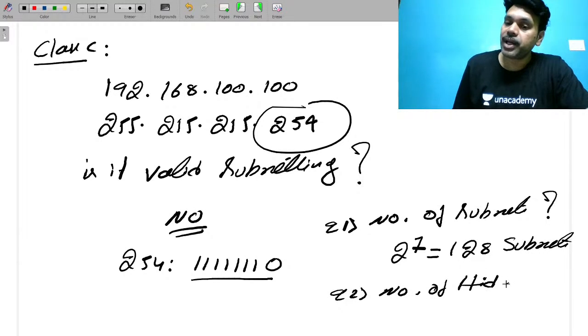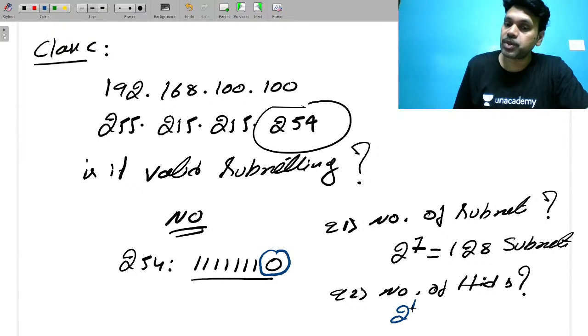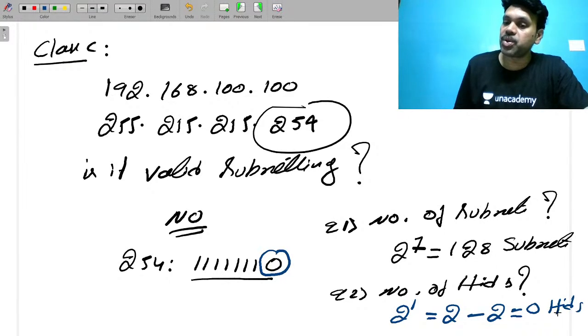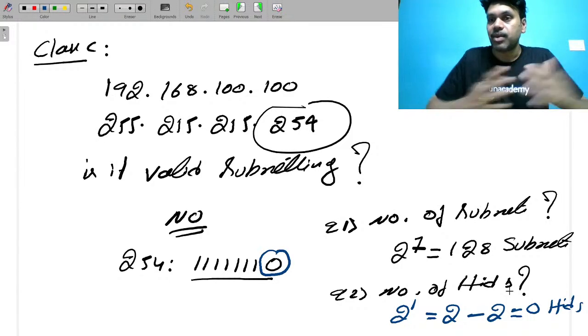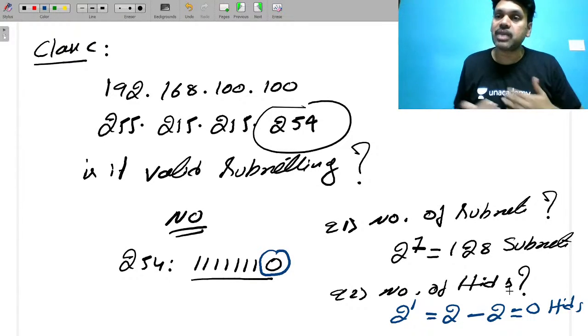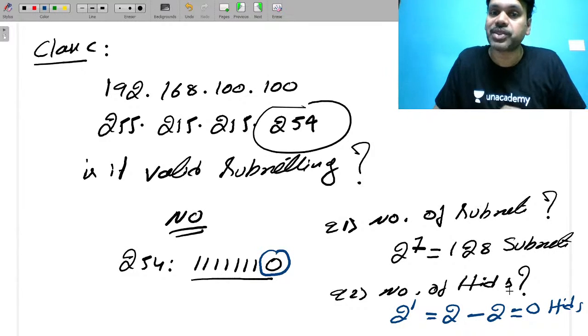Your number of HIDs is nothing but how many zeros are there with you? Only one zero. 2 power 1, which is 2 minus 2, 0 host HIDs. So you do not have any HIDs to host, because one is the starting block number, the other is the ending block number. In the middle you do not have any useful IPs.